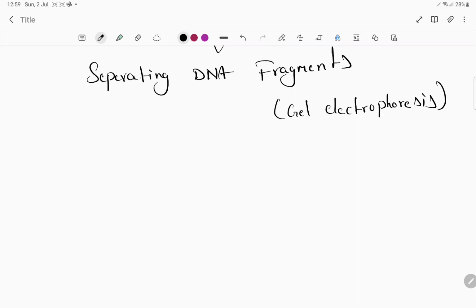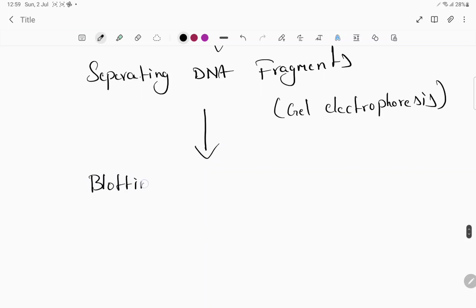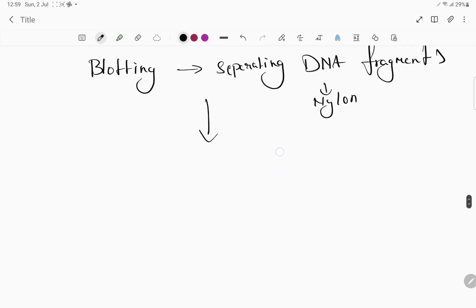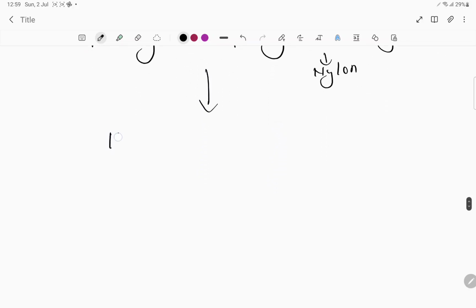Now the separated DNA fragments will be taken as a print by the blotting technique. The blotting technique means transferring the separated DNA fragments onto a synthetic membrane, which is nylon. Then hybridizing these fragments using VNTR probes.